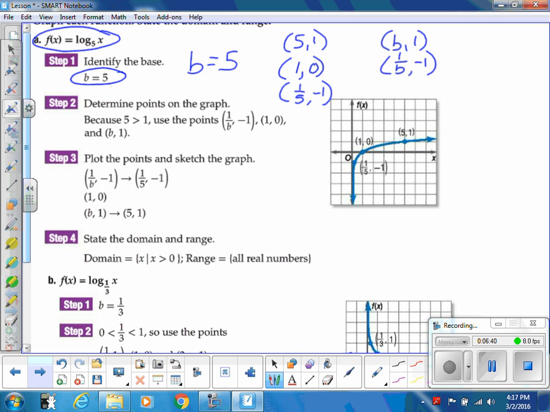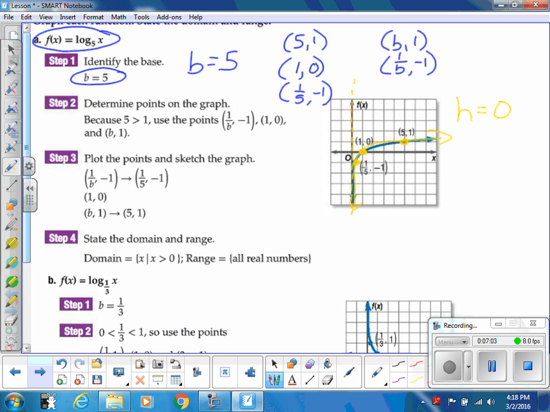And we can see on the graph, they plotted 1, 0 here, 5, 1 here, and 1 over 5, negative 1 here. My h value is 0, so that means I have the horizontal asymptote here on the f of x line. And then I simply graph the function.